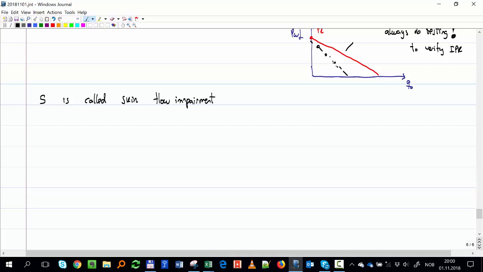S can be a few things, okay? Flow impairment near the wellbore, okay? And we will see a bit what I mean by impairment.